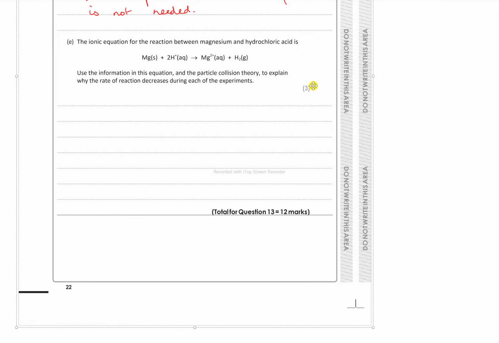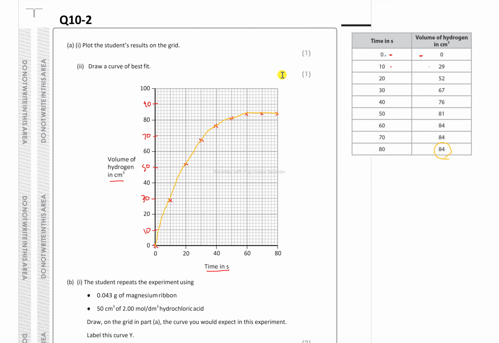So now the ionic equation, when you get an ionic equation, you get pluses and minuses in the equation. Use the information in this equation and the particle collision theory to explain why the rate of reaction decreases. If you go up here, if you look, this is steep.